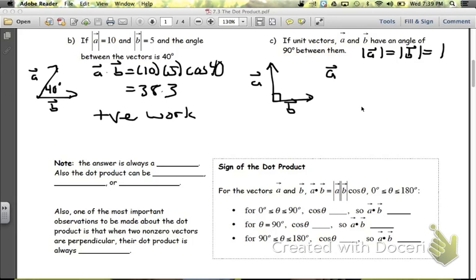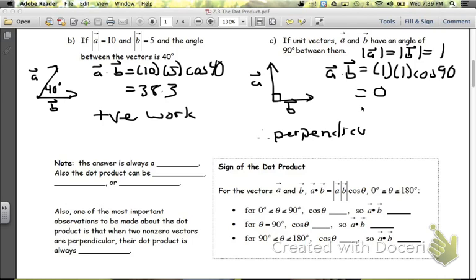So the dot product between A and B is equal to 1 times 1 times cos 90. Cos 90, recall, is 0, so 0 times 1 times 1 is just going to be 0. Therefore, when perpendicular, we have this equal to 0. So there is no positive or negative work.